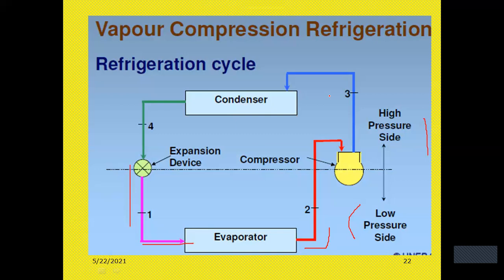So we have 4 devices. Now we'll discuss each of these components in detail. The low pressure side is at the bottom level of this system, and the high pressure side is at the upper level of the system.